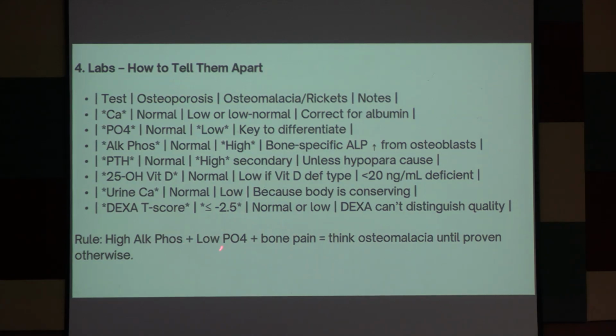High alkaline phosphatase plus low phosphate plus bone pain, think osteomalacia until proven otherwise. So, when a patient comes with bone pain, we will ask for calcium, alkaline phosphatase, phosphate. If phosphate is low and alkaline phosphatase high plus bone pain, we will think of osteomalacia.